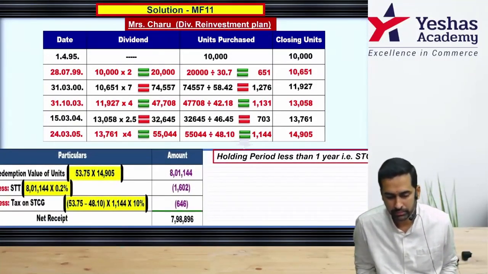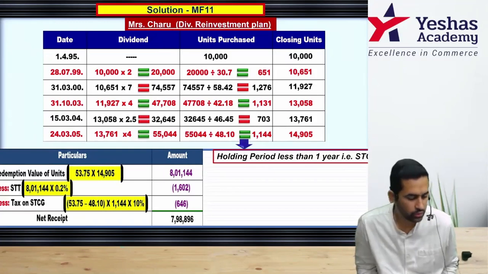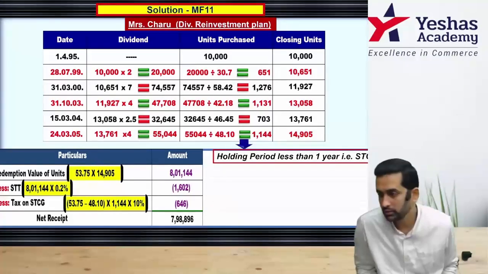Net receipt, particulars and amount. Redemption value or sale value: 14905 units into, as per the question, NAV is 53.75.